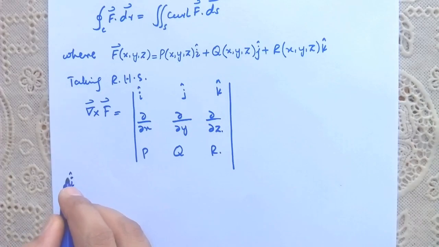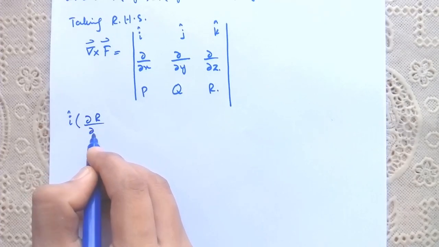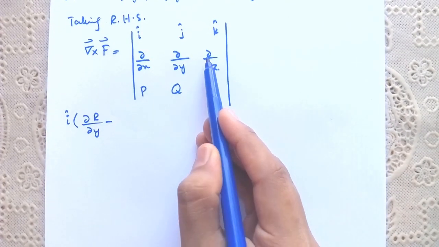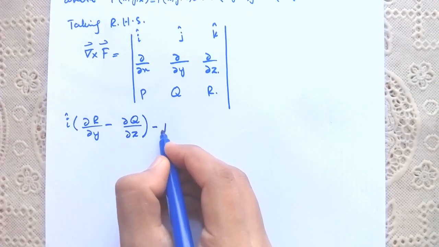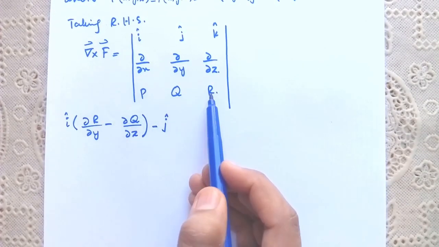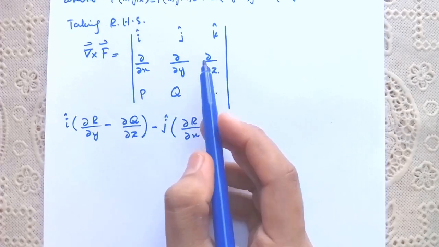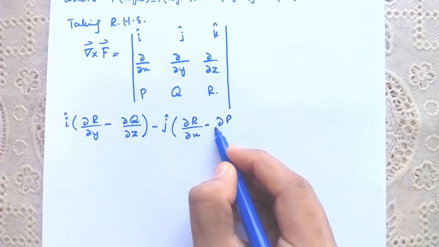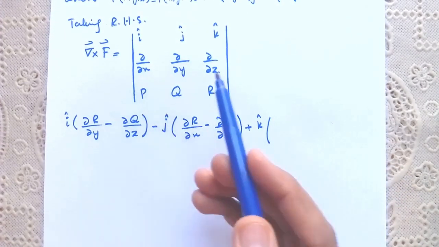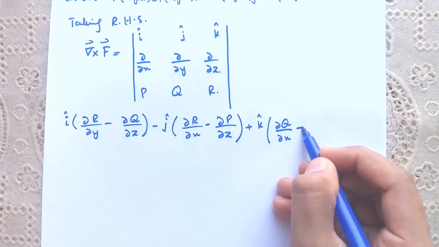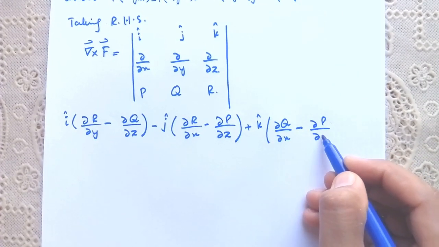It becomes i cap times partial derivative of r with respect to y minus partial of q with respect to z, minus j cap times partial of r with respect to x minus partial of p with respect to z, plus k cap times partial of q with respect to x minus partial of p with respect to y.